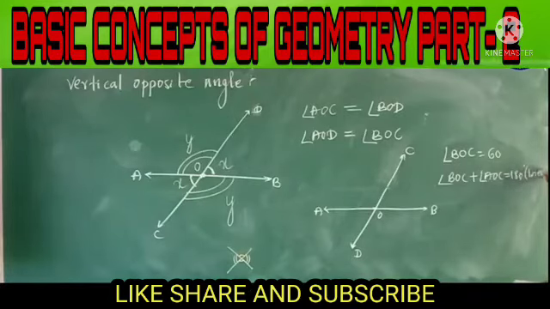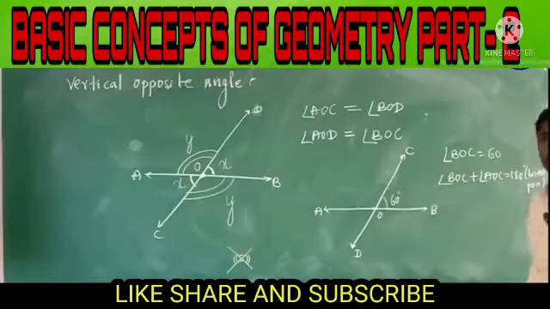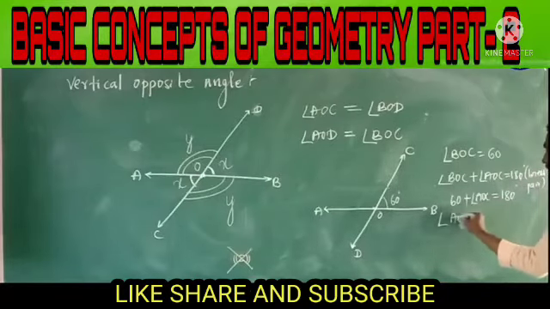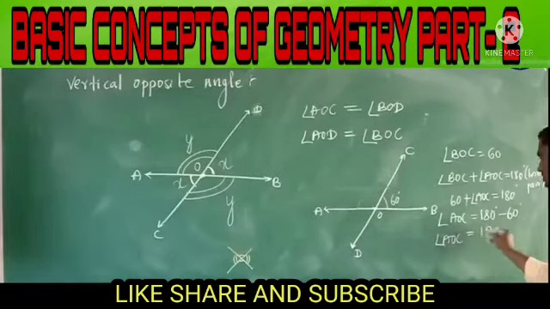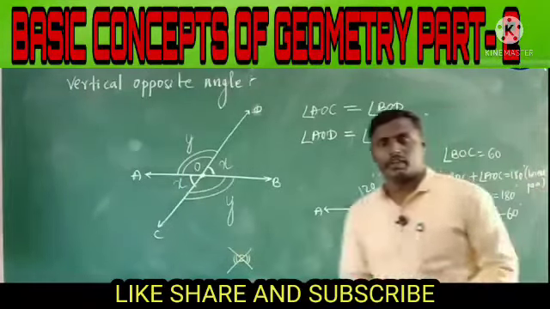Reason: while you are calculating, you need to write the reasons, linear pair. Angle BOC is already given as 60 degrees. So 60 plus angle AOC is equal to 180 degrees. Angle AOC is equal to 180 minus 60, which means 120 degrees. Angle AOC is 120 degrees.